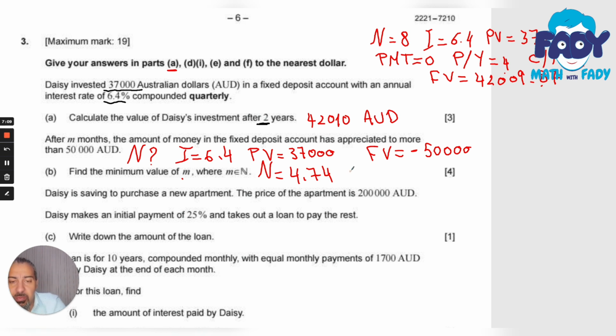So we multiply this by 12 and we get 56.88 months. We know the number of months should be a natural number without decimal, so we approximate it up to 57 months.